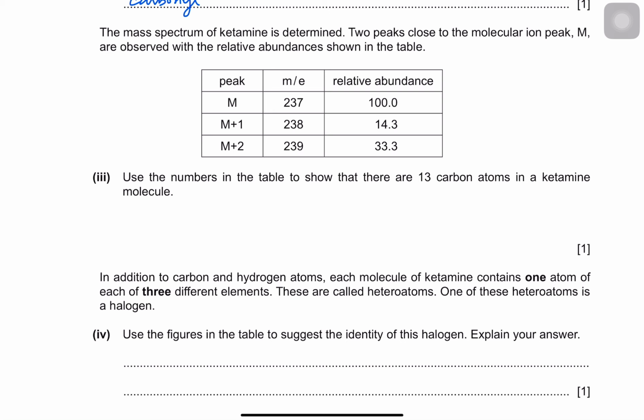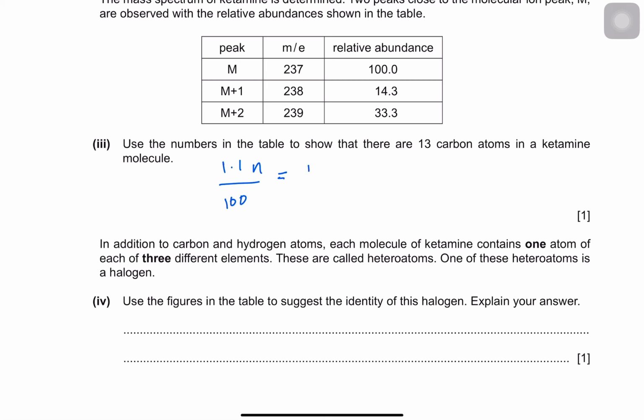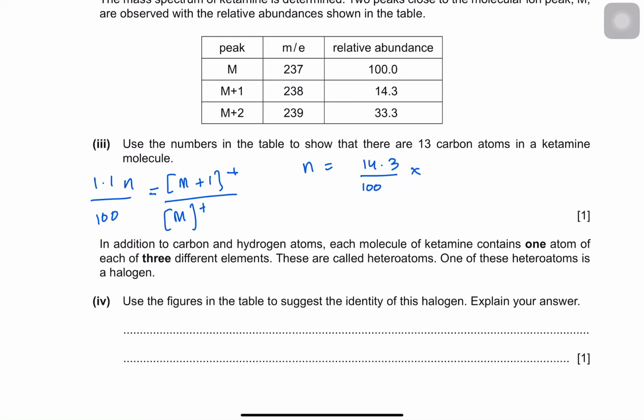So we have a very simple formula for this. 1.1 times N divided by 100 is equal to the abundance of the M plus 1 peak divided by the abundance of the M peak, which means N is equal to 14.3 over 100 times 100 over 1.1. This cancels each other. 14.3 divided by 1.1 is 13. N is equal to 13.